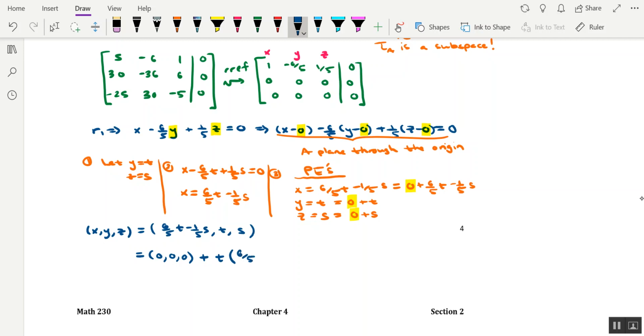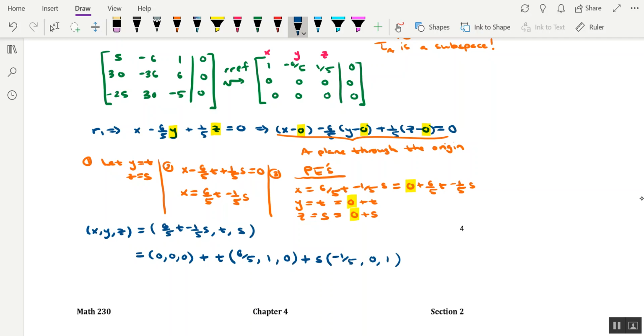It'd be 6/5, comma 1, comma 0. The third vector is going to involve the parameter s, and I'm going to put it out in front of an ordered triple here as well. The components of it would be -1/5, 0, and 1.